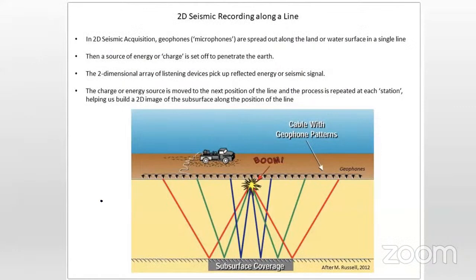For 2D seismic data, you have just some lines. For example, if you look at this track here, you have some geophones in one line, and after that they send a sound, and based on the reflection, they give you the depth of the horizon.